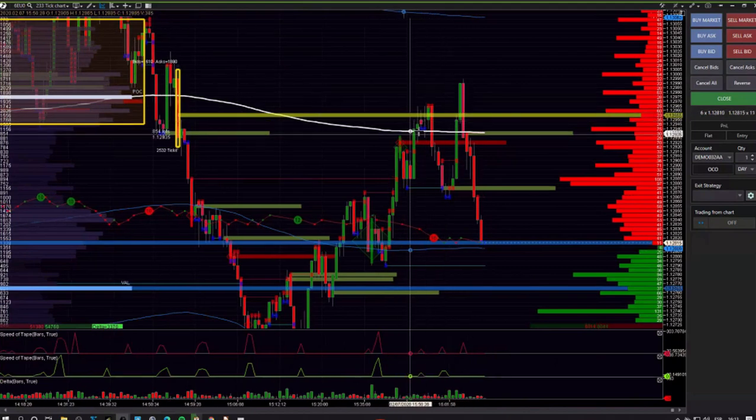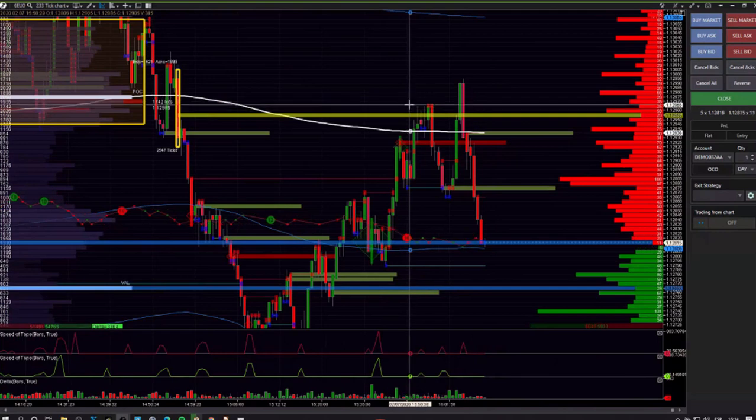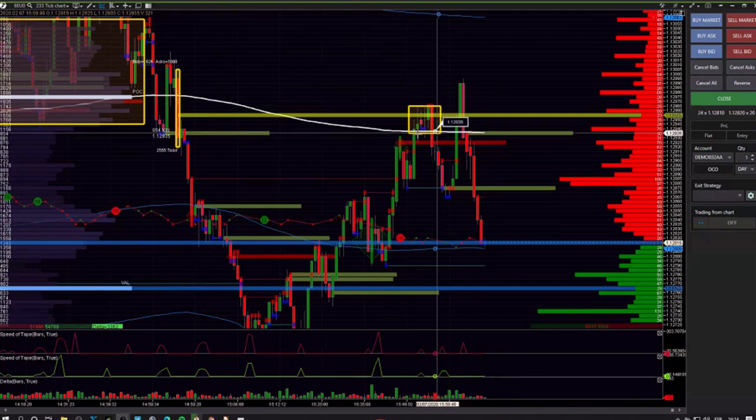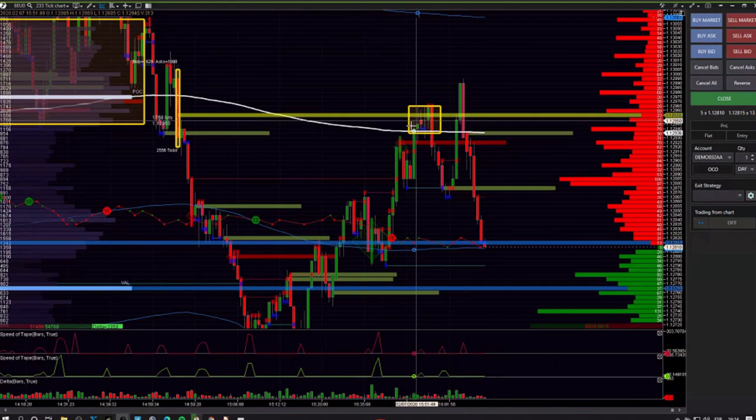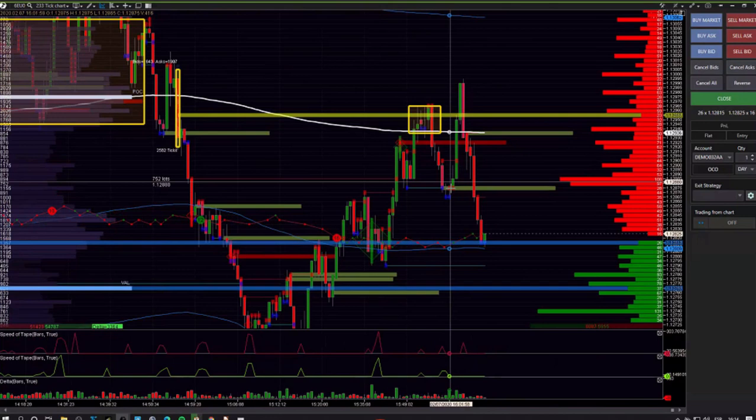The first time, you can see it touches our yellow line right here, let me put a rectangle. You see how it tries several times until it actually breaks a little bit on the upside, but still it works perfectly.